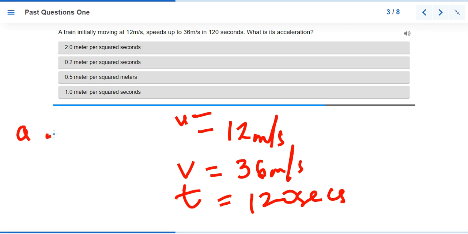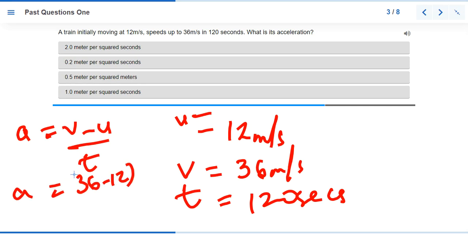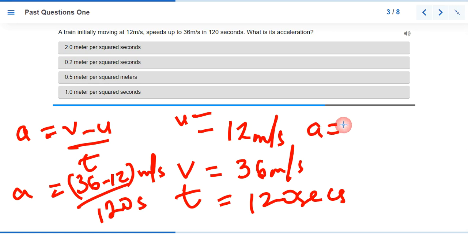Therefore, acceleration will now be v minus u over t. Acceleration is 36 minus 12, all in meters per second, divided by 120 seconds. And acceleration will now be 24 over 120 meters per second squared.